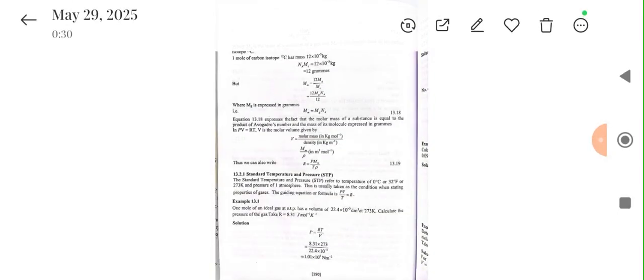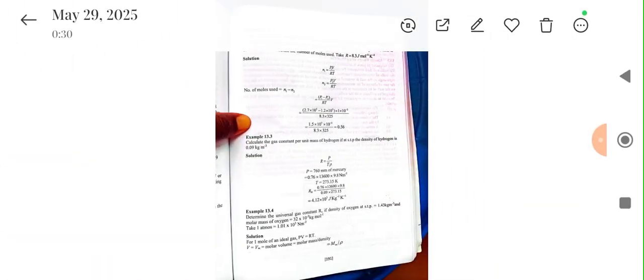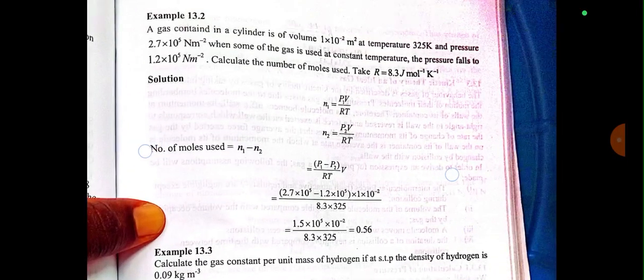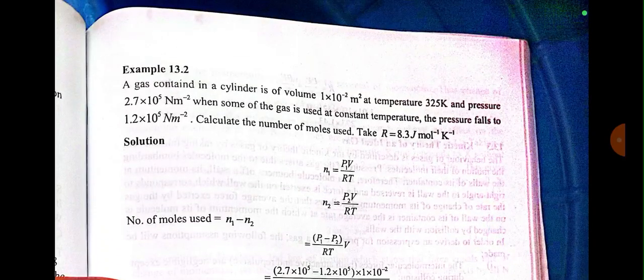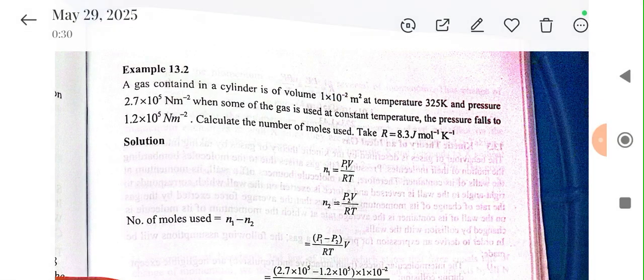We will also consider other examples. We have this particular example that is a bit tricky. It says that a gas contained in a cylinder of volume 1 times 10 to the power minus 2 meter cube.